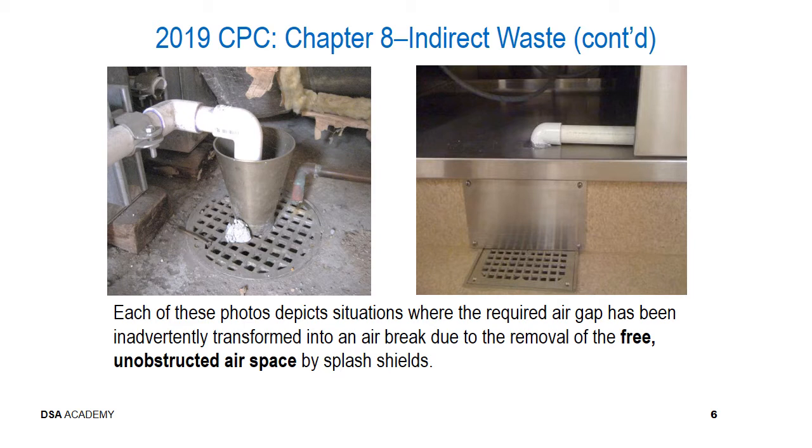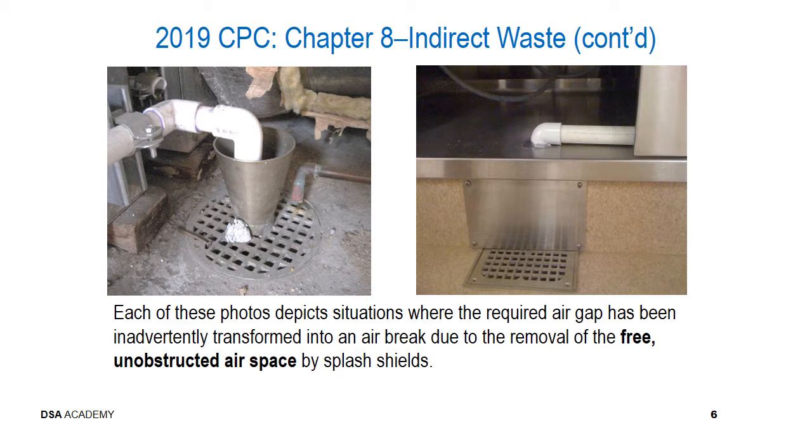However, the addition of this splash cone, even though it may have been required as a convenience, certainly negates the ability of the indirect waste piping to maintain a 1-inch minimum air gap. So it no longer has an air gap. It is now considered an air break.